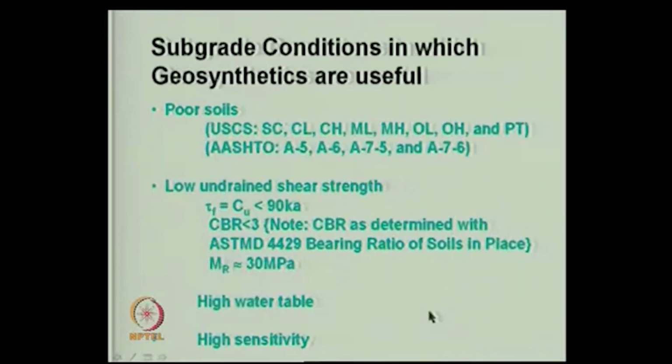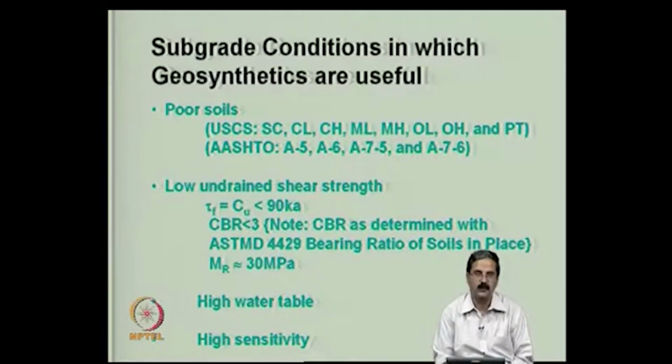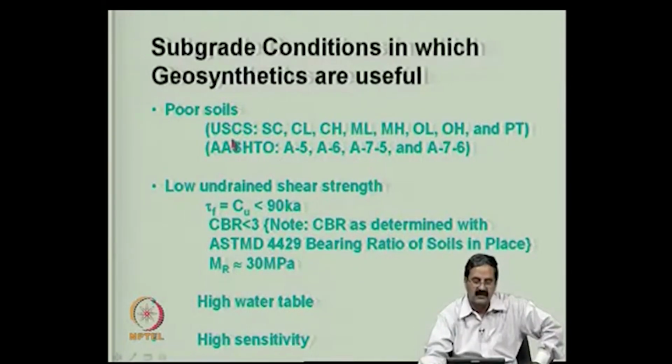Now, what are the conditions under which the geosynthetic materials are useful? In fact, if it is a very poor soil, excellent, right. Based on the USCS classification, soils like CL, CH, ML, they are quite useful.